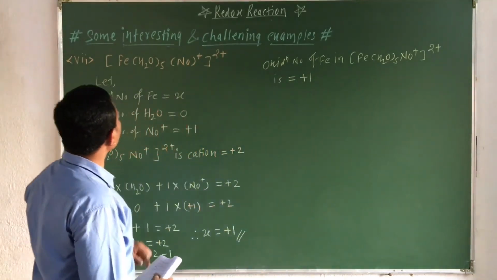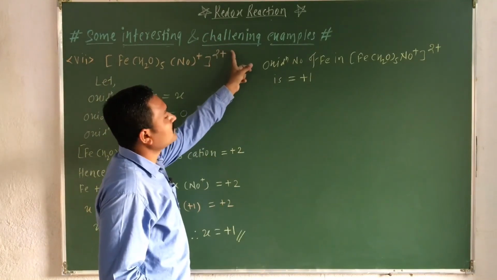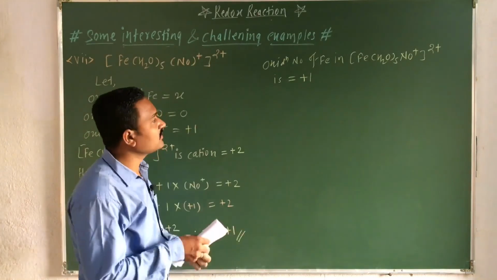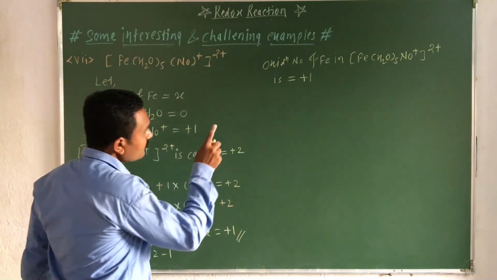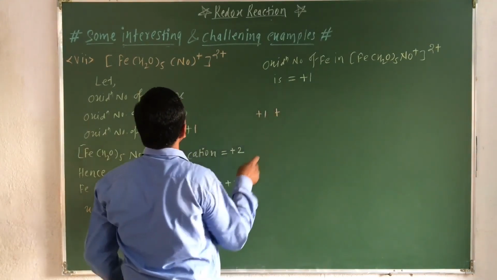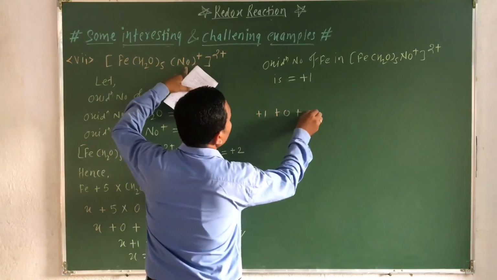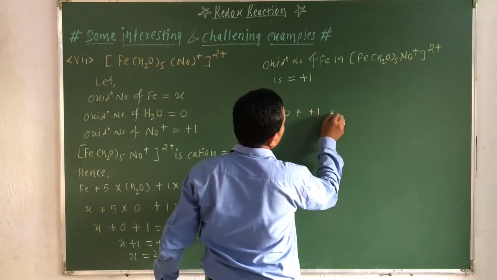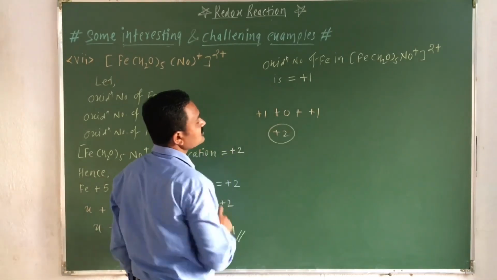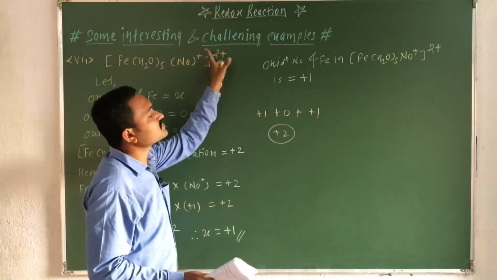Now again, tally this one, whether the oxidation number of this particular coordination cation equals plus 2 or not. We have calculated the oxidation number of Fe as plus 1, therefore plus 1 plus, I will write it as 0 for water, plus NO+ which is plus 1, which is nothing but plus 2 charge. So plus 1 plus 1 is plus 2, which equals the charge on it.